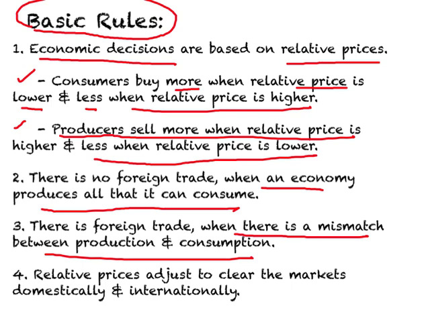The last thing you should remember as far as these general basic rules go is that what we are looking at is a price adjustment model, and that simply means that whenever we have any problem in the markets, whether they are domestic or international, as long as we have some kind of disequilibrium in the market, either demand is greater than supply or demand is less than supply, in such a case relative prices will automatically adjust, and they will go on adjusting till the markets are cleared, whether domestically or internationally, or in other words, we have attained equilibrium.